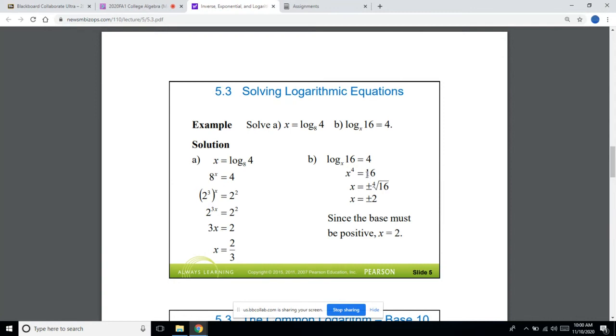If I were to take 16 and raise that to the 1/4 power, I would get 2. Since we have an even index, we must include the plus or minus. We won't run into any problems that actually use plus or minus. Most of the problems we're going to look at are going to be pretty much straightforward, as in this example.